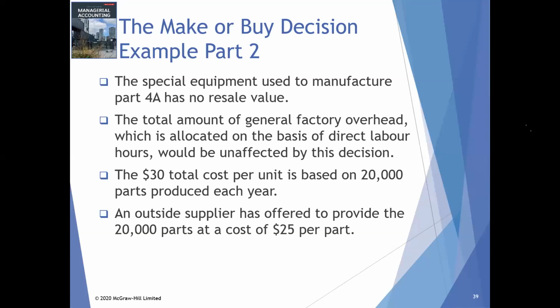They are saying, this is the total cost that you have for this product, and I'm ready to give you the same kind of product at the rate of $25 per unit or per part. So the question arises in the mind of the manager, should we accept the supplier's offer or not? This is the main question.